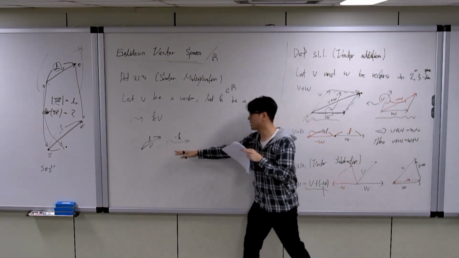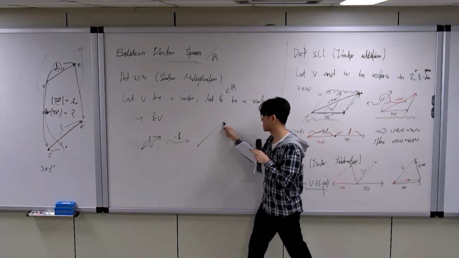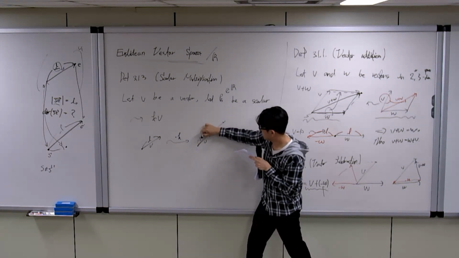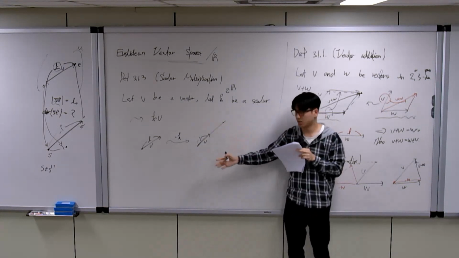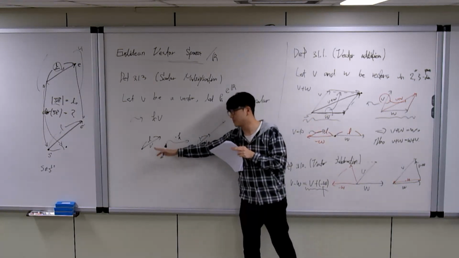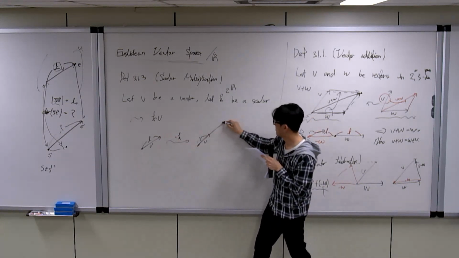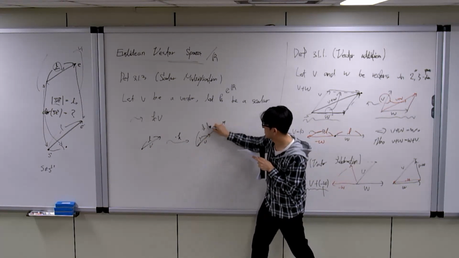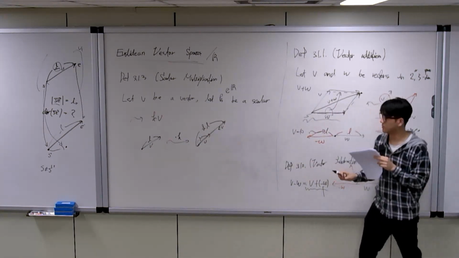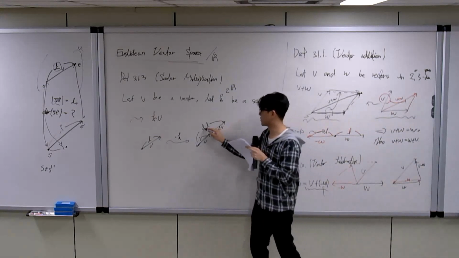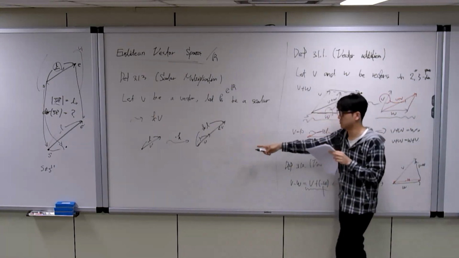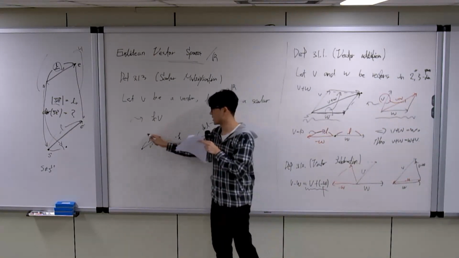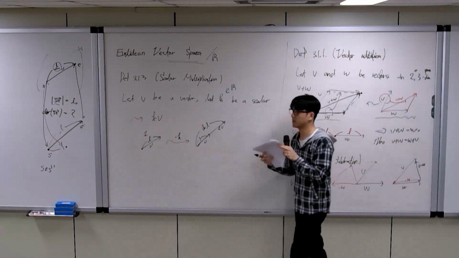And then it has the same direction as the v vector, and kv has length k times L.